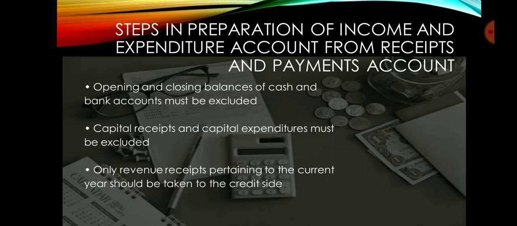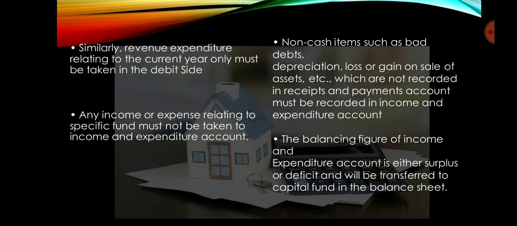Then the third step, only revenue receipts pertaining to the current year should be taken to the credit side. Similarly, revenue expenditure relating to the current year only must be taken to the debit side.